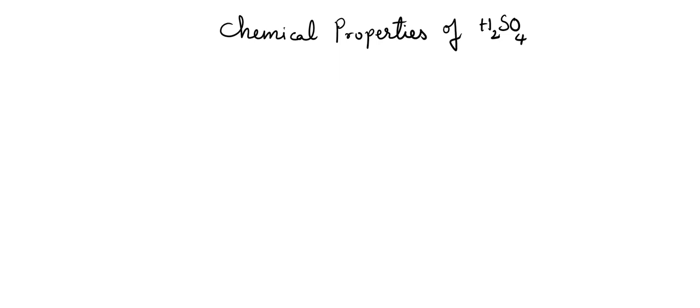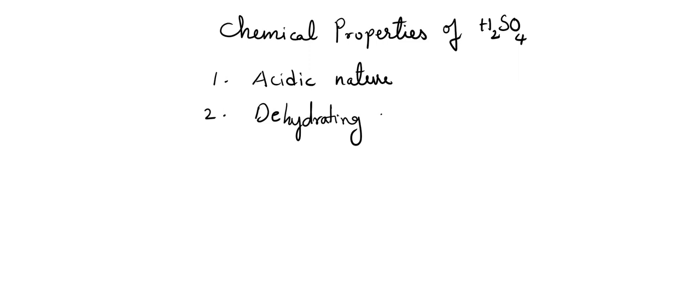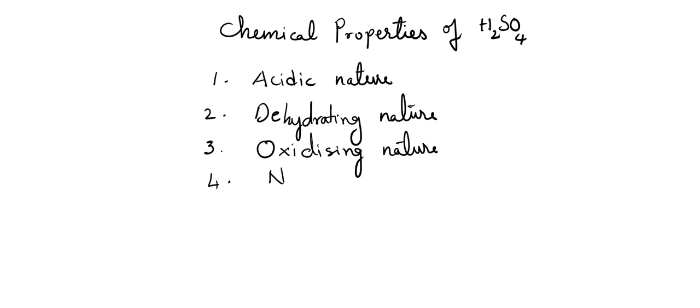Chemical properties of sulfuric acid. So there are four chemical properties: acidic nature, dehydrating nature, oxidizing nature, non-volatile acid.